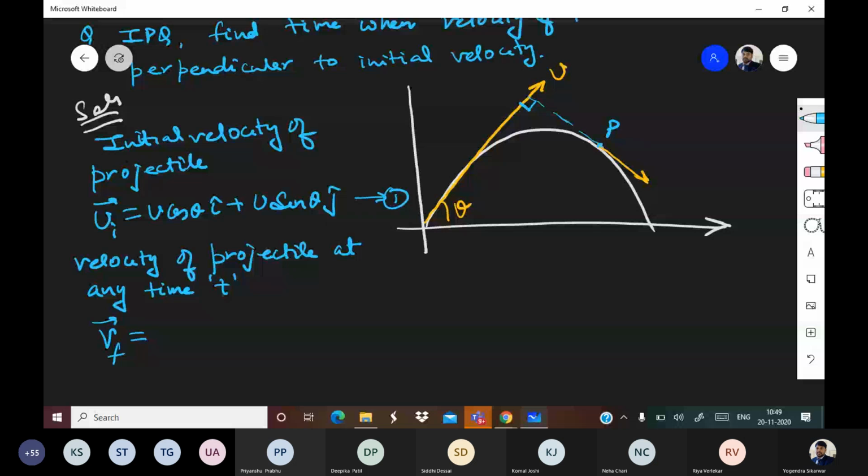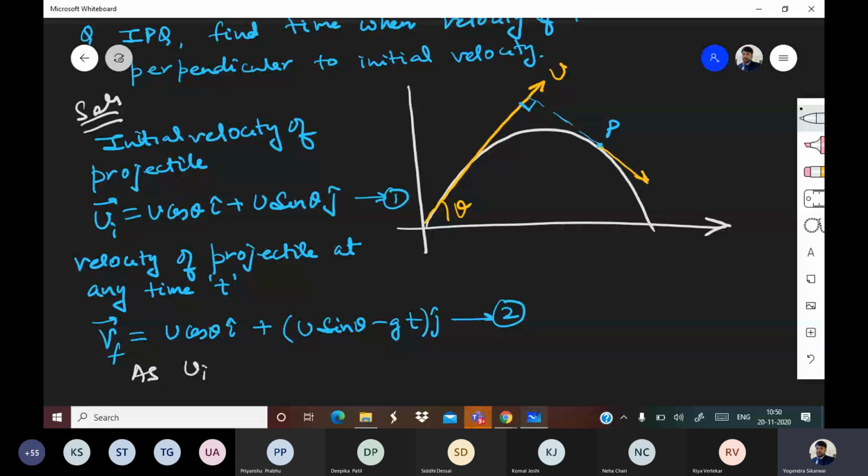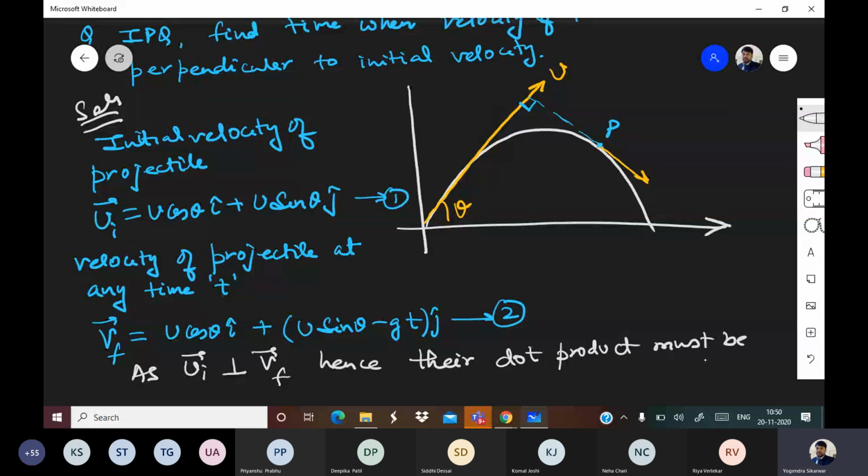Correct? Okay. Now, as per the language of question, these two velocities are mutually perpendicular. That means perpendicular to each other. So, as u initial is perpendicular to v final, hence their dot product must be 0. Why? Because we know that when two vectors are perpendicular, their scalar product or dot product will be equal to 0.